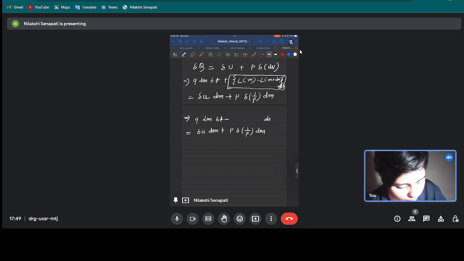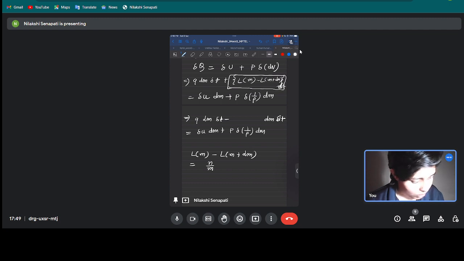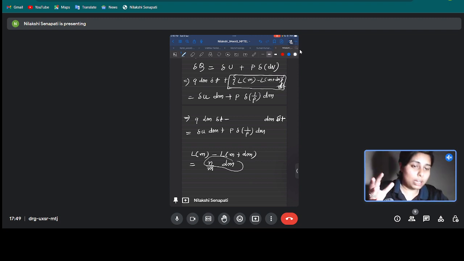We can write this lm minus lm plus dm as n by m into dm, because that is nothing but per unit mass, the amount of composition that is adding over there, some number of particles into dm, which is introducing the extra luminosity because of the dm expansion.